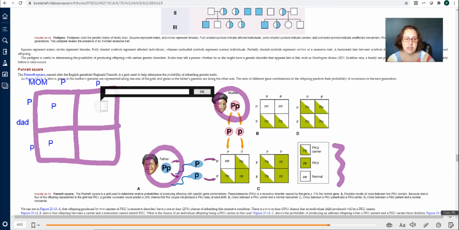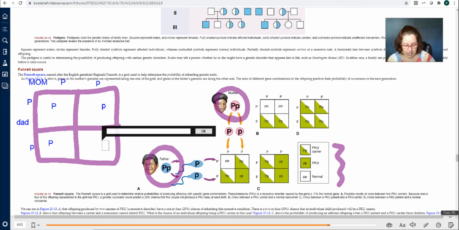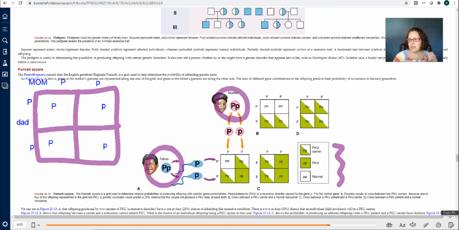Mom's lowercase p is going to get put here. Whoops. And here. Okay, so those are what mom can give to the babies. Mom's two choices are uppercase P and a lowercase p. That's it. Now dad's are going to go across on the lines dad is on.